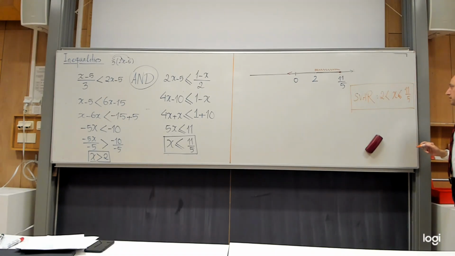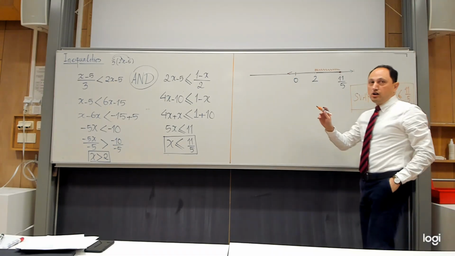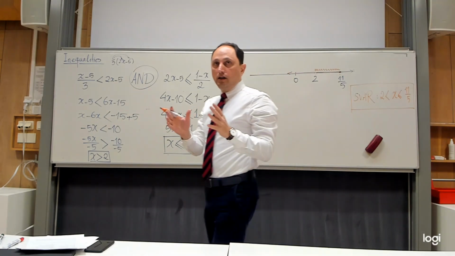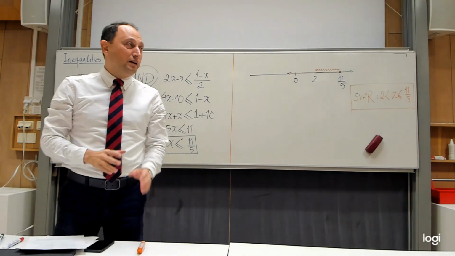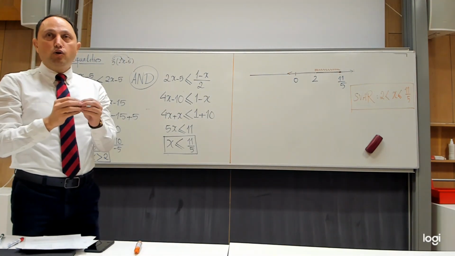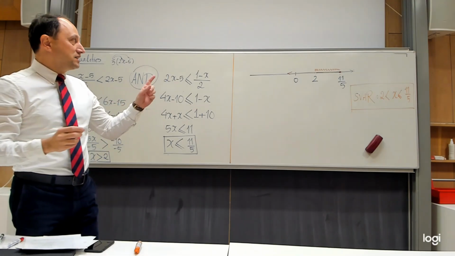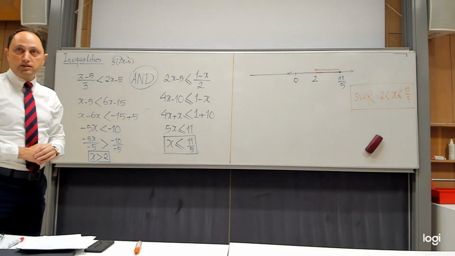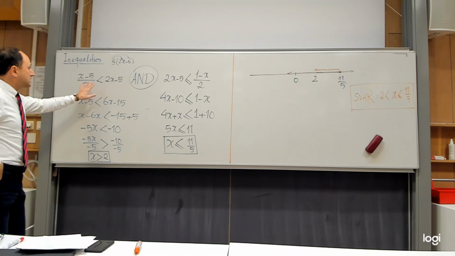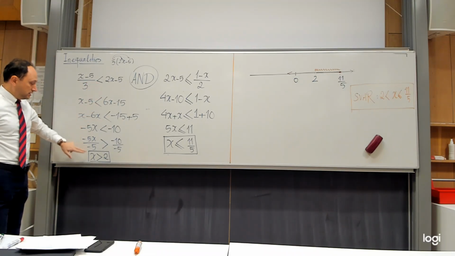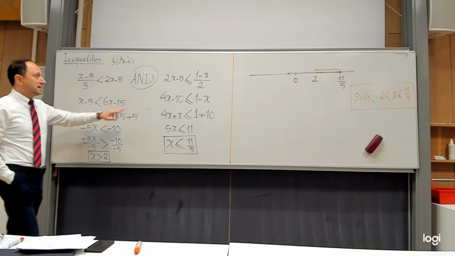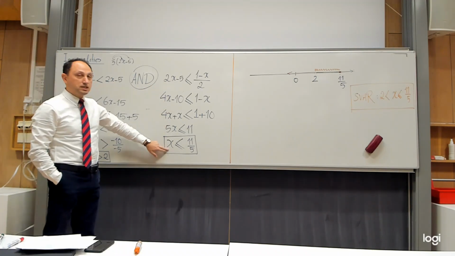I don't want you to memorize, I want you to really understand what is going on. Because when I ask you to solve that double inequality, I'm asking you to find all possible values that satisfy both of them simultaneously. For satisfying this one, this is the answer. For satisfying this one, this is the answer.